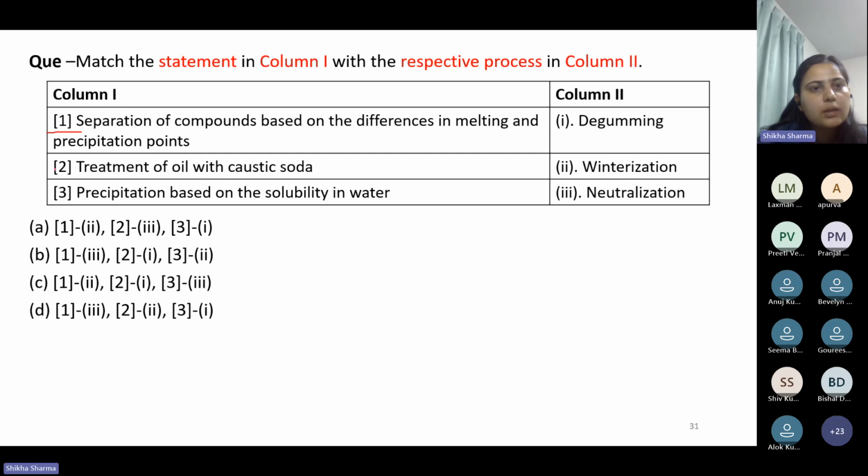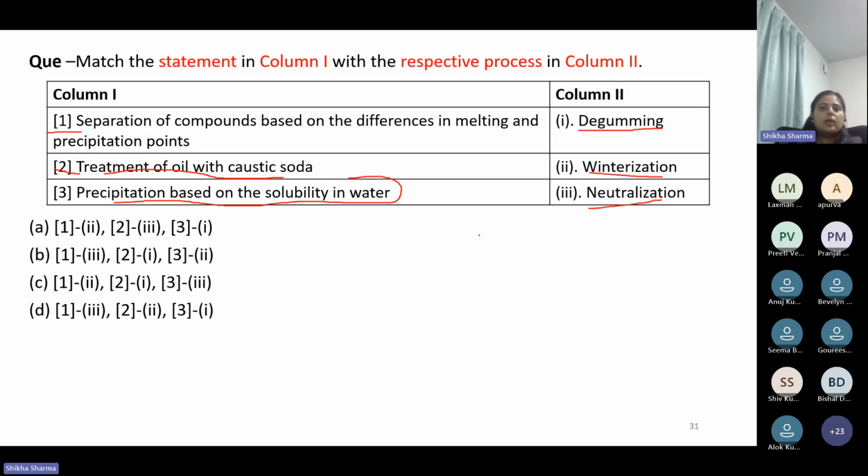B says treatment of oil with caustic soda, and C says precipitation based on the solubility in water. And we have three terms: degumming, winterization, and neutralization. So which is connected to which?